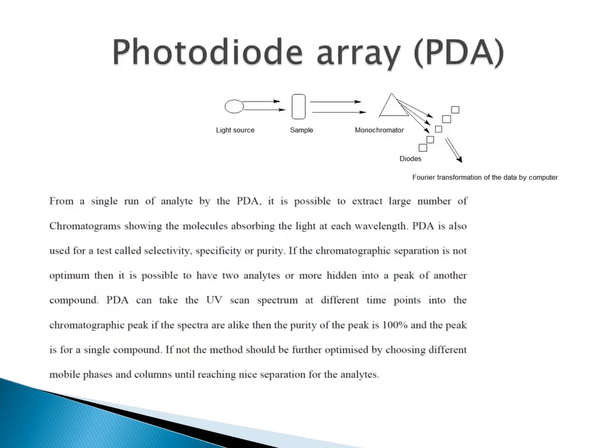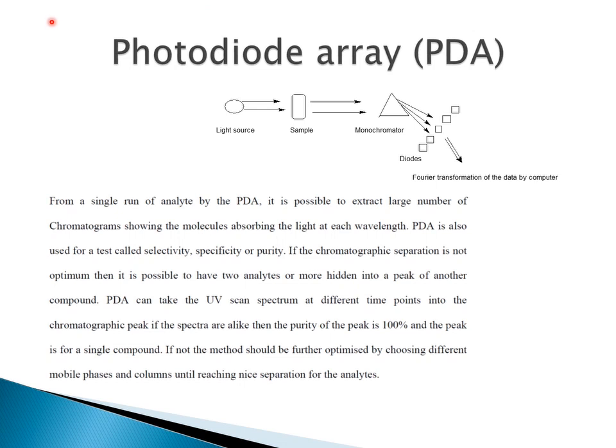Now, one of the UV technologies we call photodiode array. It is still a UV detector, but the idea of the photodiode array is that you can monitor the chromatogram of your sample with almost the whole range of UV and even visible light. So from 200 nanometers to 800 nanometers can be monitored in just a few seconds of detection.